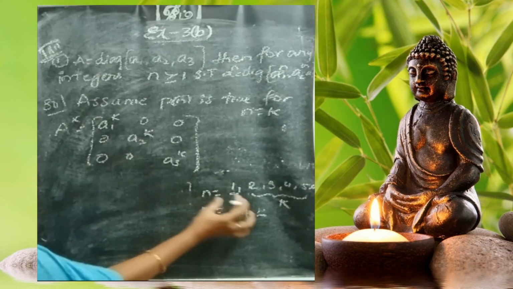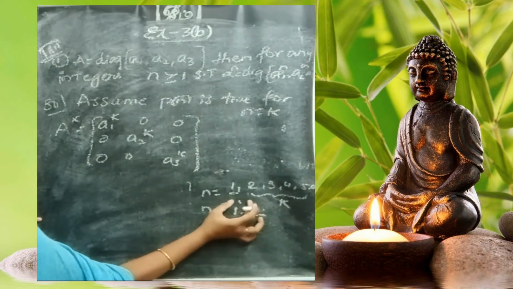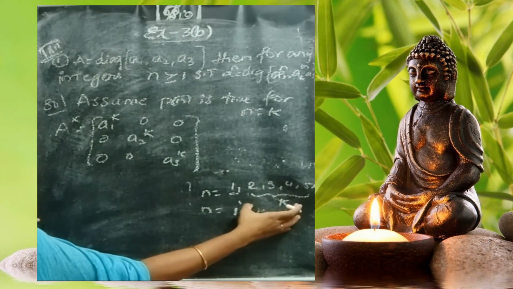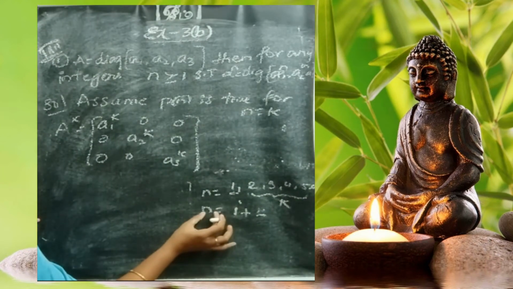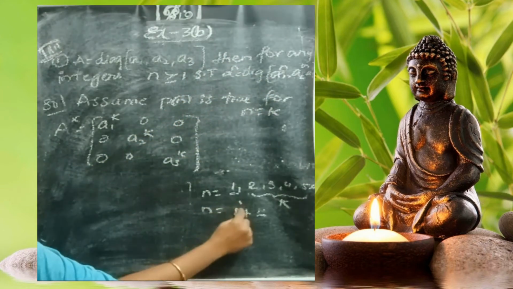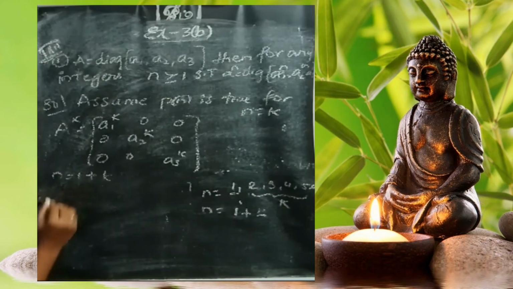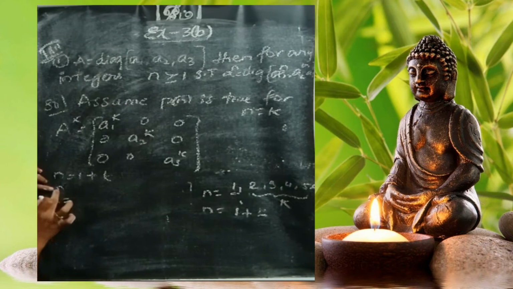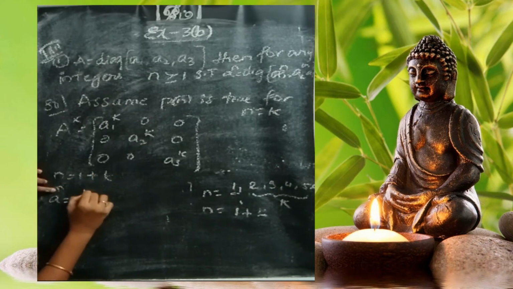Now we have the matrix for A power 1 and we have also found A power k. We have to add these to get the n value. Now we have to show A power n, where n is 1 plus k. So we substitute n in the place of 1 plus k.